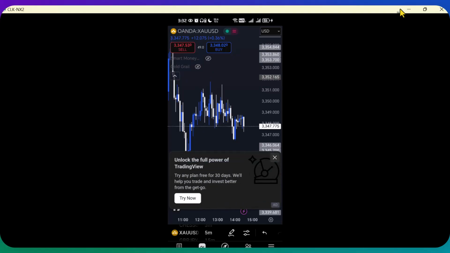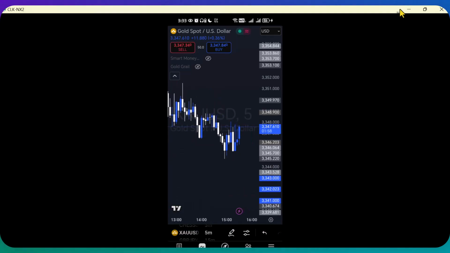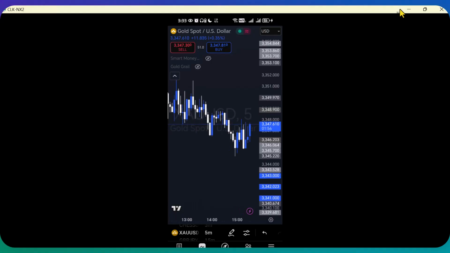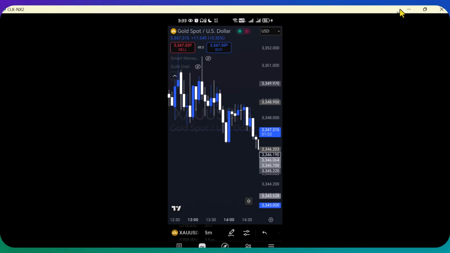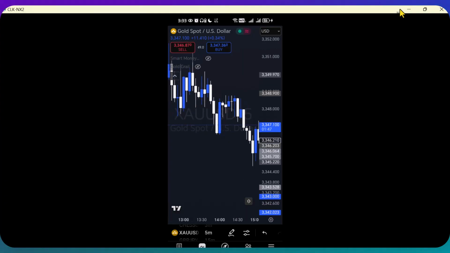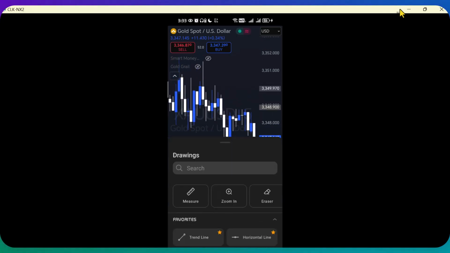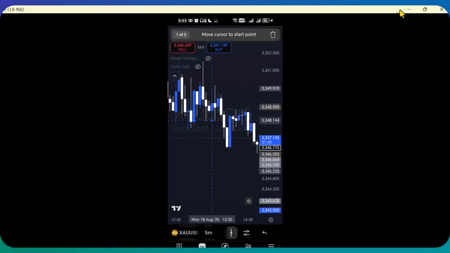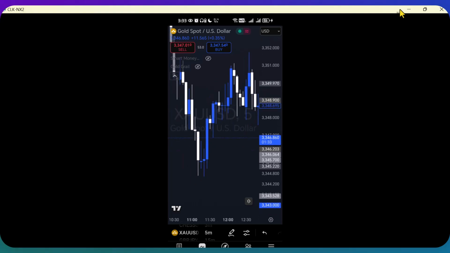As you can see on the screen, try to figure out the engulfing candlesticks. Let me show you an example. Let me draw it out. This is a bullish engulfing candlestick. So just try to check.